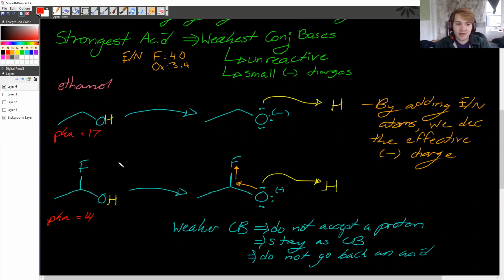So what we've done is that we've made this acid stronger by adding a fluorine. All right? By making a weaker conjugate base, we have increased acidity. And we've increased it by 1,000-fold. All right, so it's a huge change.